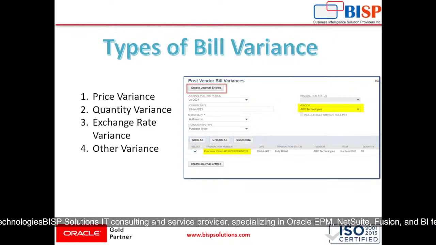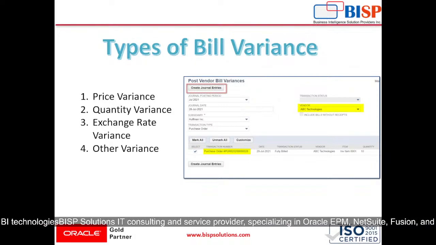Taking an example, you ordered 100 units at 10 each, a total of 1000 on the purchase order, so it is costing us 1000.